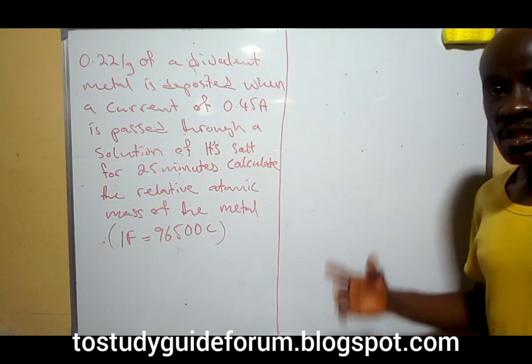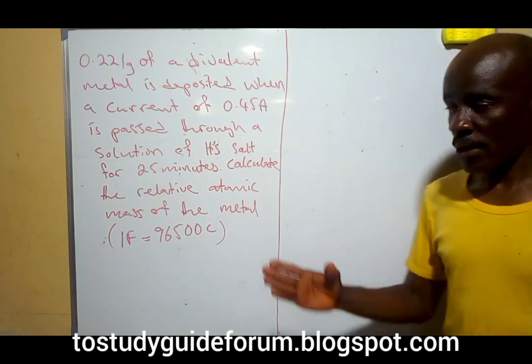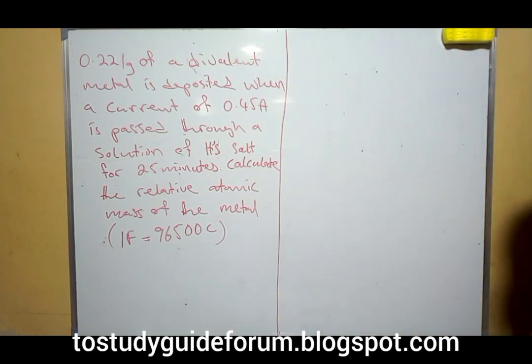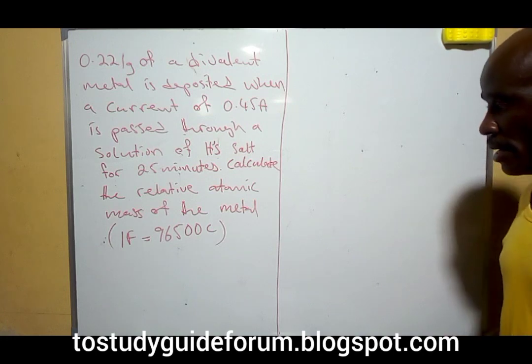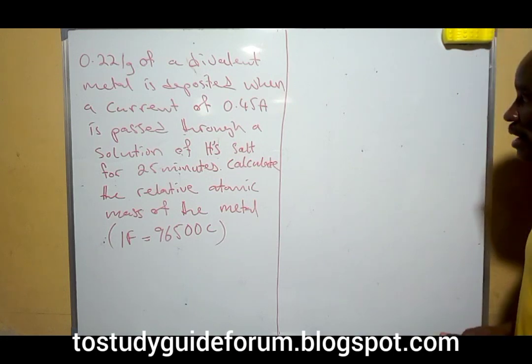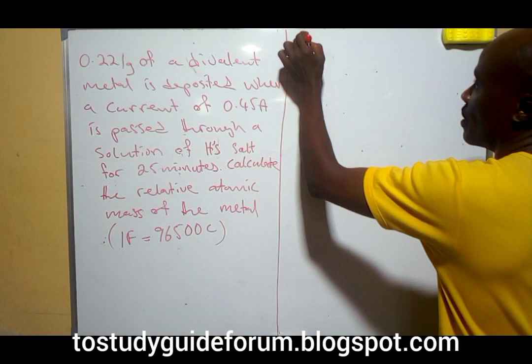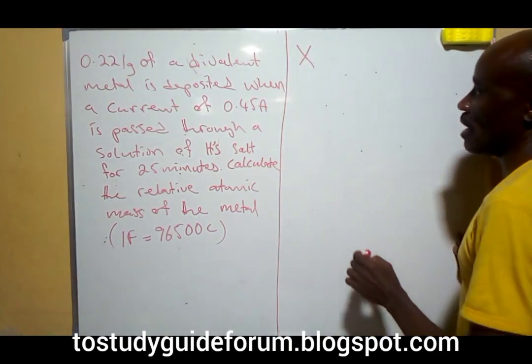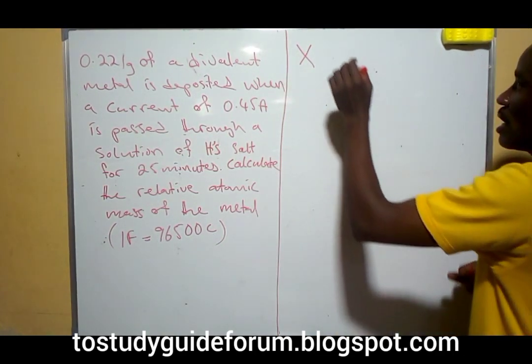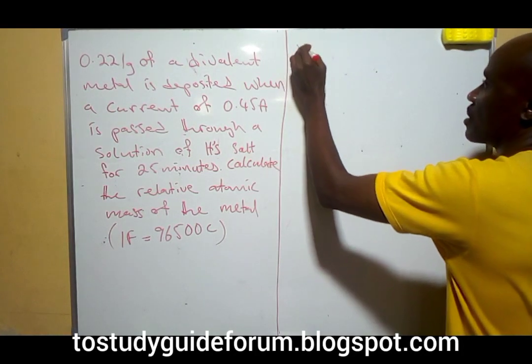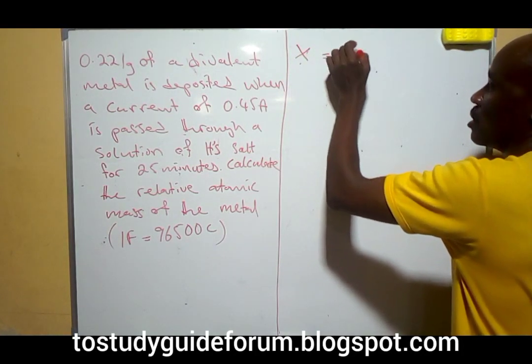That means in that case it will require 2 Faraday. So let's say that the metal we're looking for, the divalent metal, is X.